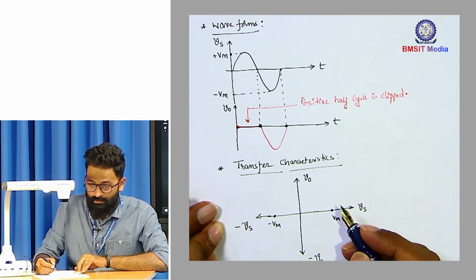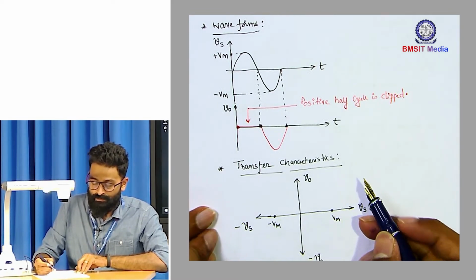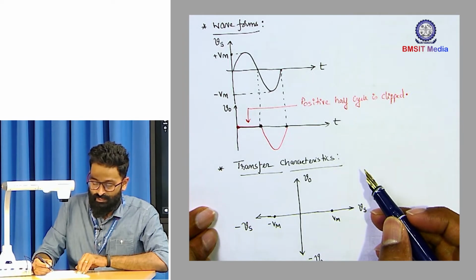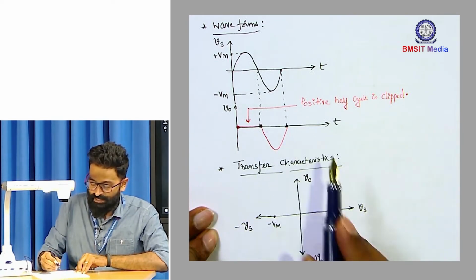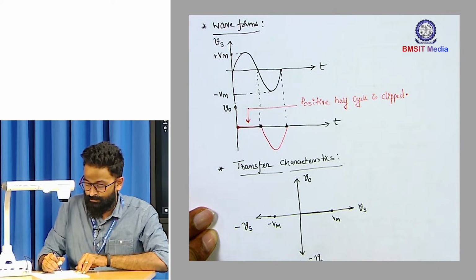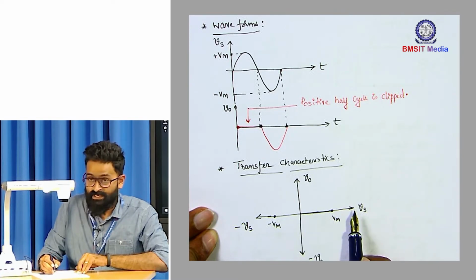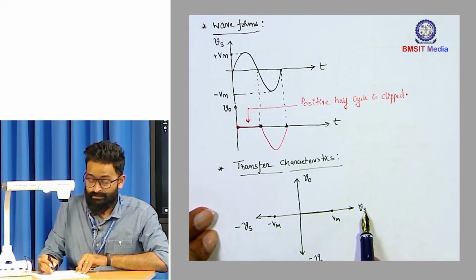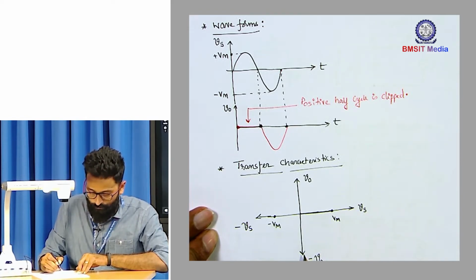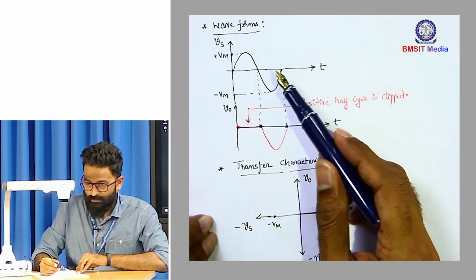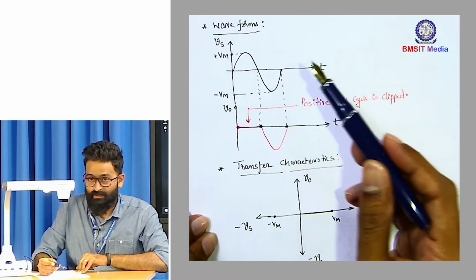Alright. And then let us look at the circuit operation. So we have seen that for the positive half cycle of the input, the output is 0. So for the entire positive half cycle, the output occupies the x-axis, right? So a line basically overlaps the x-axis. On the other hand, for the negative half cycle, the output is equal to negative of the input.